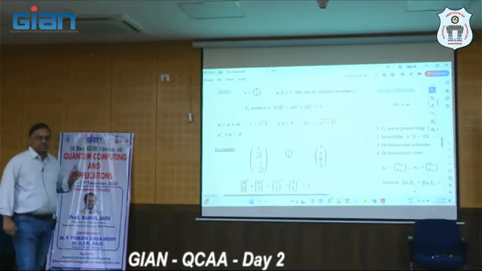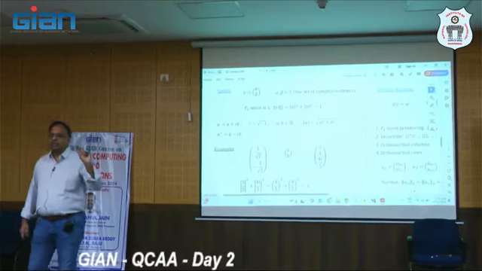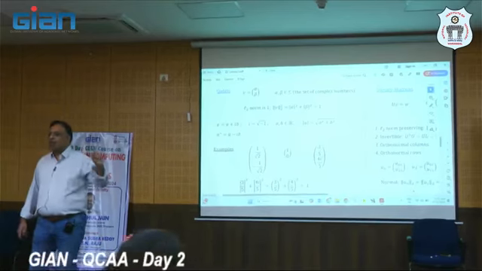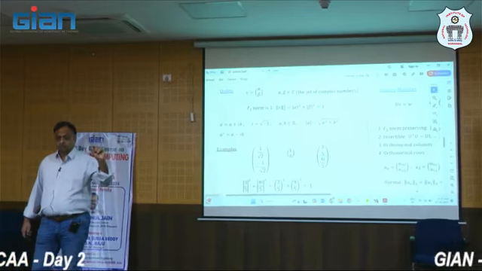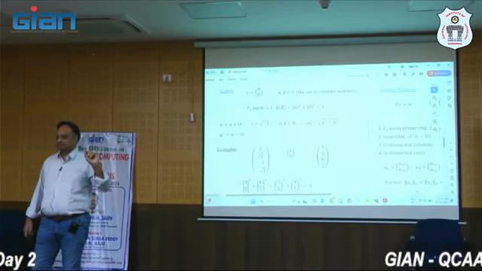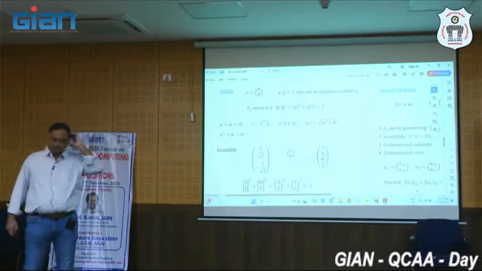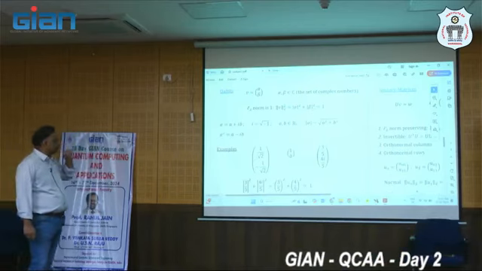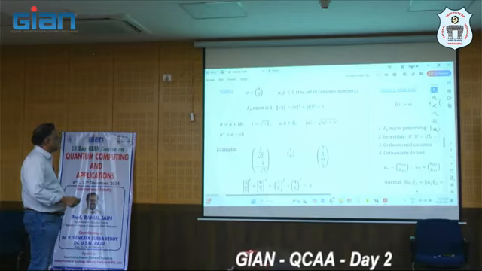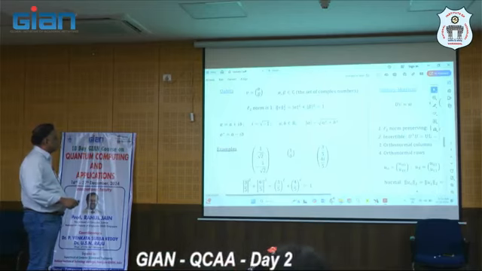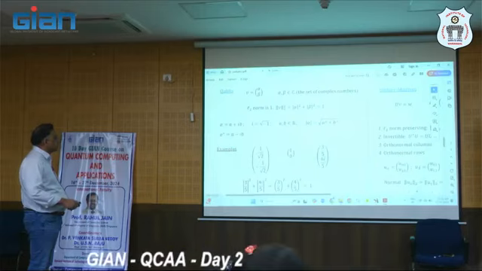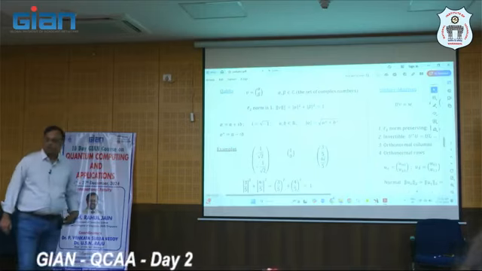And yesterday we had that the probability vector had L1 norm 1. Now we will have this vector has L2 norm 1. So what is L2 norm? L2 norm square of this vector is mod alpha square plus mod beta square, which should be 1.